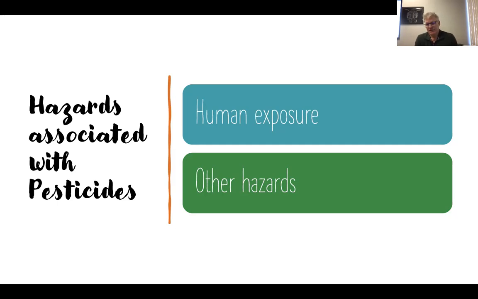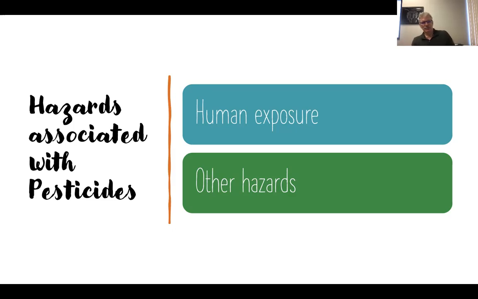Some of the other hazards would be doing an application, accidentally cutting yourself, or not wearing the proper protection and sitting in the material. So these are all things you'd want to watch for, in addition to runoff. If you're doing an application and you over apply, it starts to run down into a drain or some area. Or let's say it's off target drift.